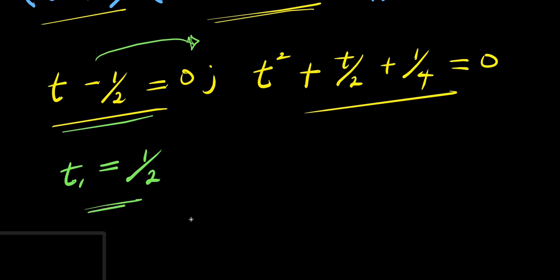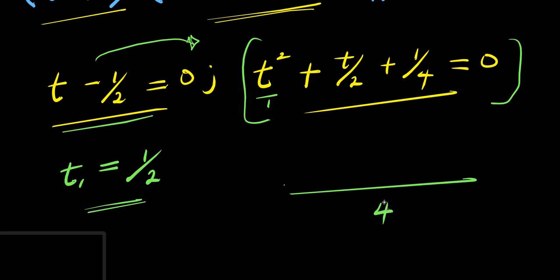This is our t1. Now to solve this other one, we need to ensure that the denominators are the same. So t over 1, we find the common LCM. The LCM here is 4. 4 divided by 1, 4 times t squared. That's 4t squared plus 4 divided by 2, 2 times t.